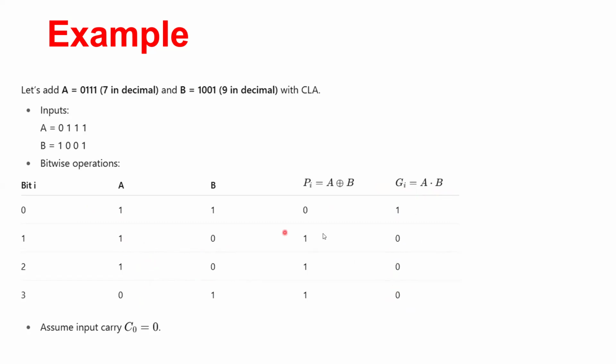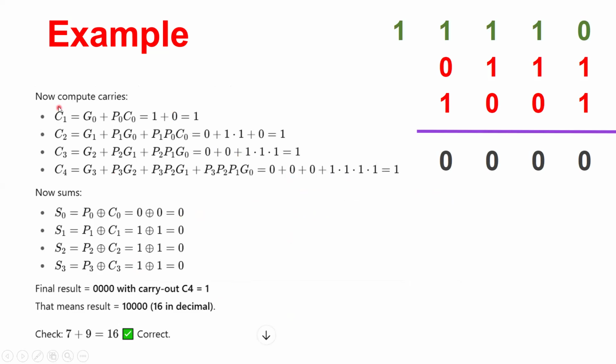Similarly, for A XOR B, the output of the XOR logic is 1 if only one of the bits A or B is 1. Where both are 1, Pi is 0. So you are implementing just the XOR logic and the AND logic here. Once that is done, you have these two equations ready, and the task now is to compute your carries C1, C2, C3, and C4.